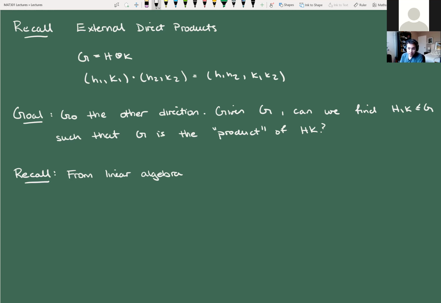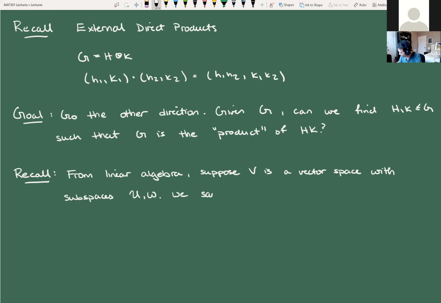Okay, so from linear algebra, suppose V is a vector space with subspaces U and W, right? So what we would say is that V is equal to U plus W. And here we have to be a little bit careful about notation.